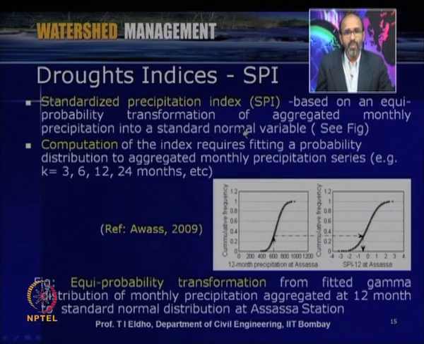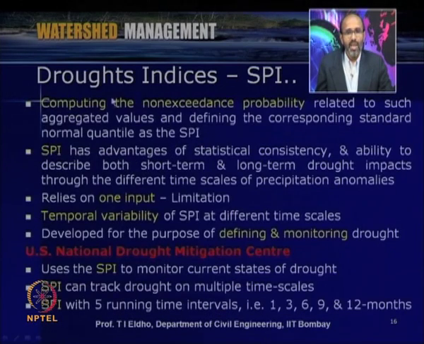So, depending upon the precipitation for that particular region, we can derive the standardized precipitation index. This SPI is used to compute the non-exceedance probability related to such aggregated values and define the corresponding standard normal quantile as the SPI.